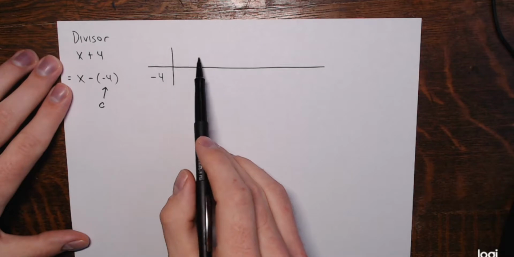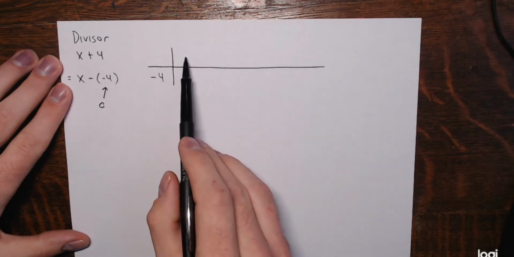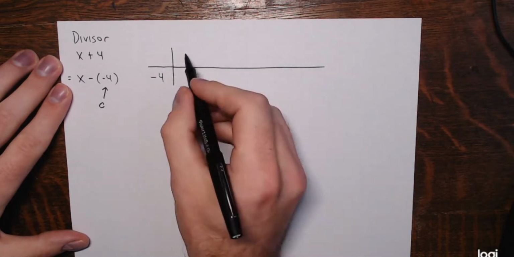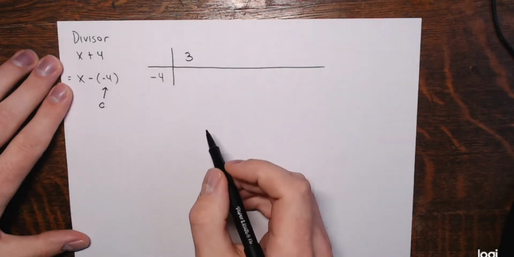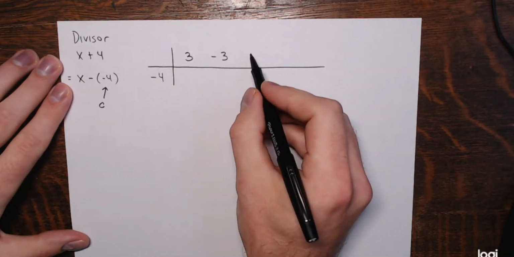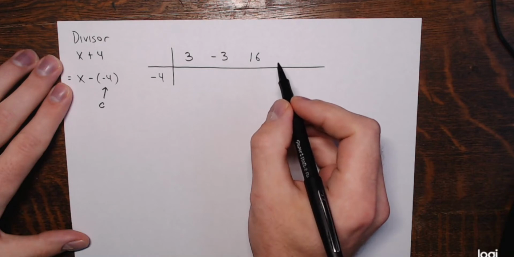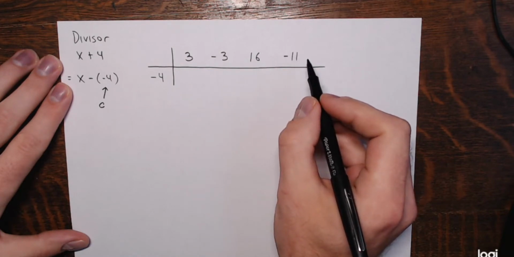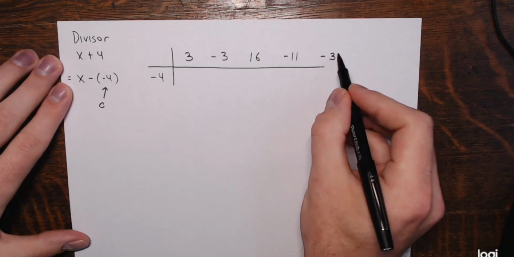Okay, then up top, the coefficients of the dividend in descending order without skipping any powers. There was 3x to the 4th, that was the highest one. There was negative 3x cubed. There was 16x squared. Negative 11x to the 1st. And then negative 31 was the constant term.